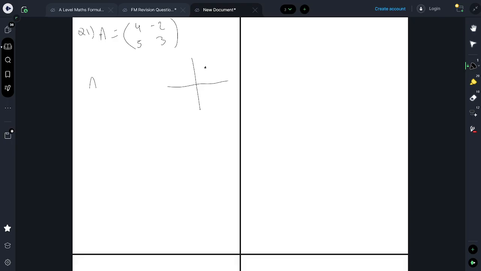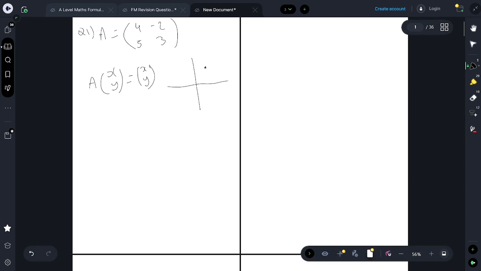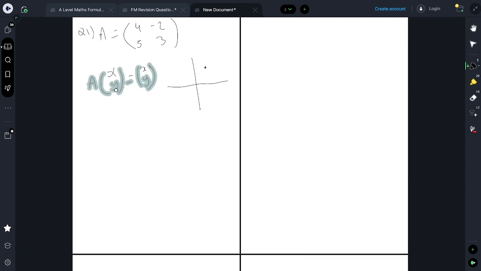So say we had A times a point (x, y), and you get the same point back. That is an invariant point. But you could also have invariant lines. Say we have a line of points. If we then apply a transformation, this line will stay exactly the same.